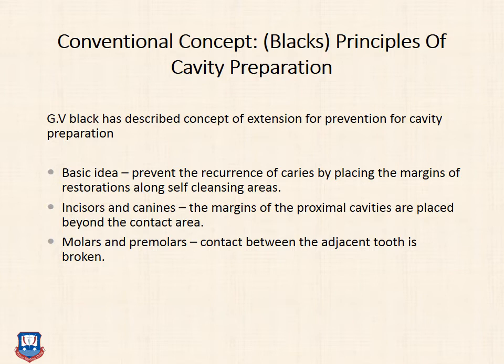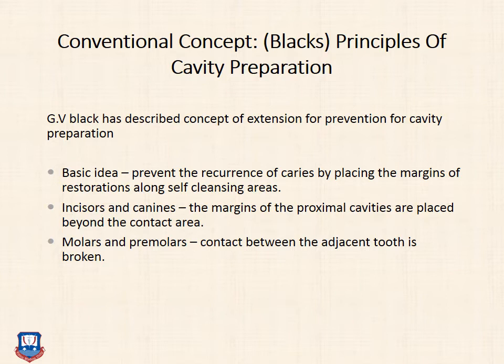the self-cleansing areas. So why do we do the extension of the cavity according to G.V. Black's concept? So that we place the margins of the restoration in the most easily accessible and self-cleansing areas.